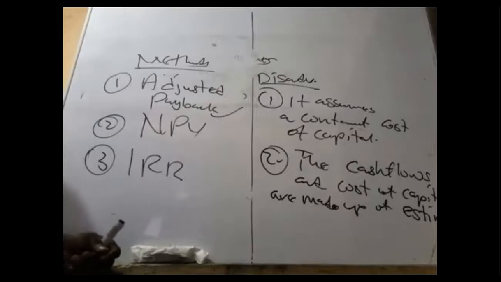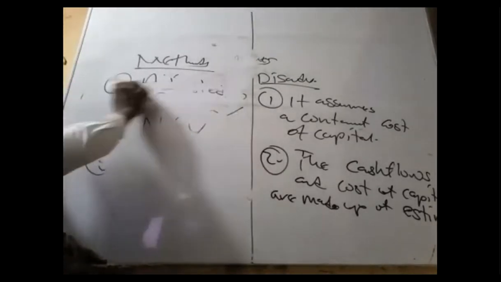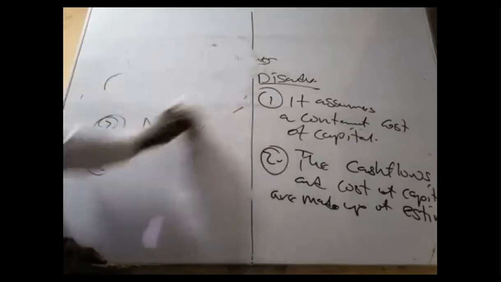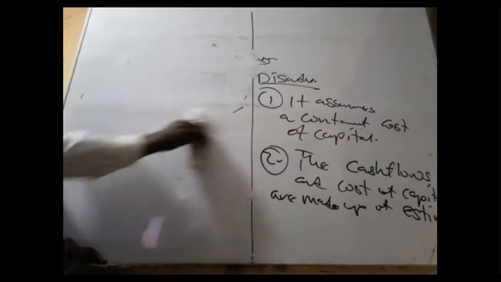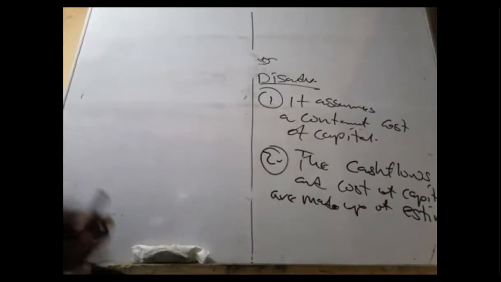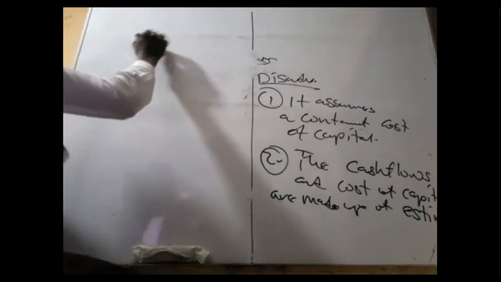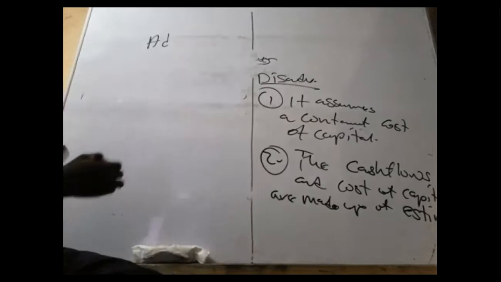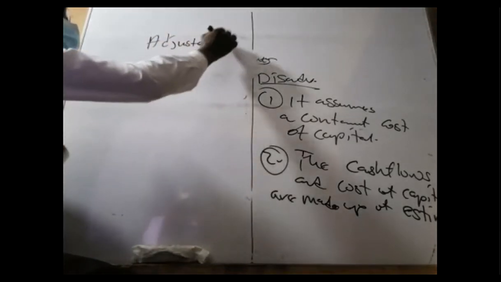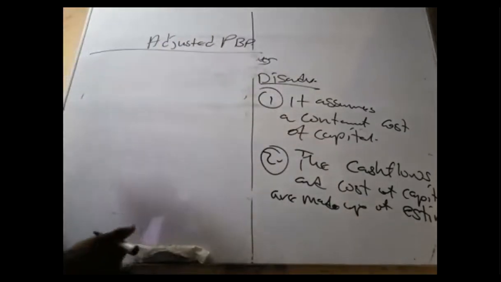We are calculating the adjusted payback period, or it's also called discounted payback period. It's a special type of payback where the cash flows are discounted. That is all. So I'm calculating the adjusted payback period. No shortcut.